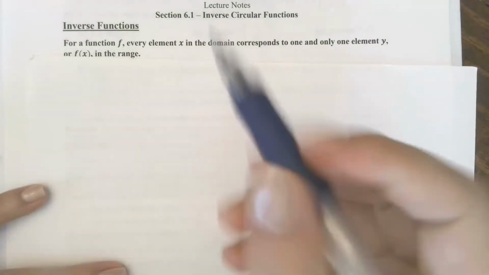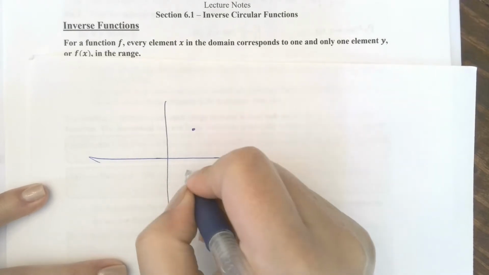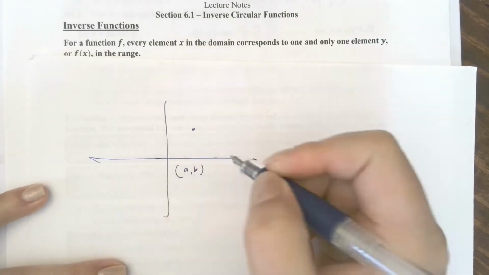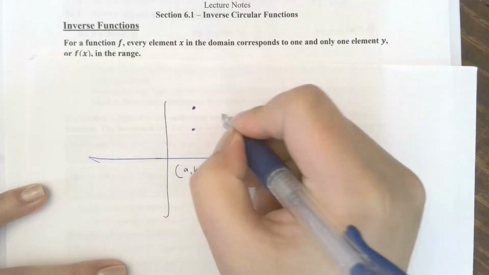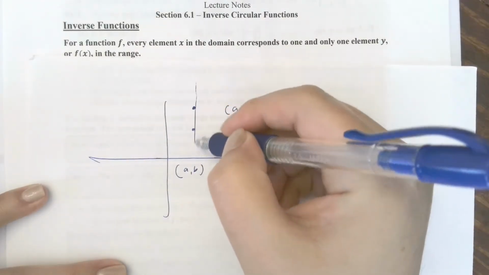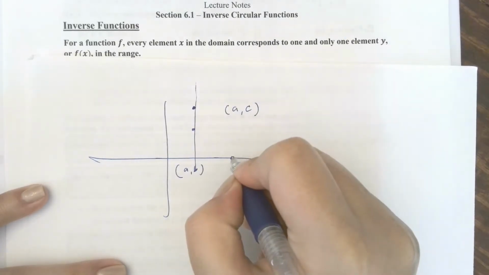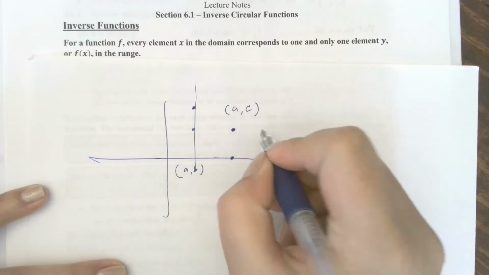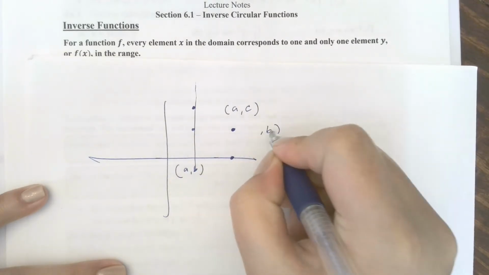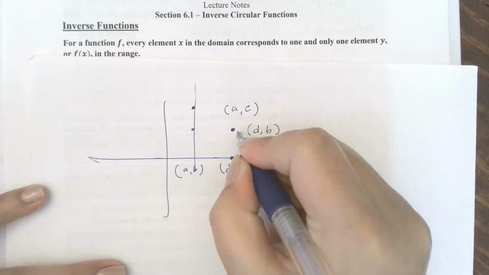So what that really means is that, say this is (A, B), there cannot be another point here with A, we'll call it C, because then it wouldn't pass the vertical line test. However, there can be another point here that could have the same y value, and we'll call this D, (D, B).